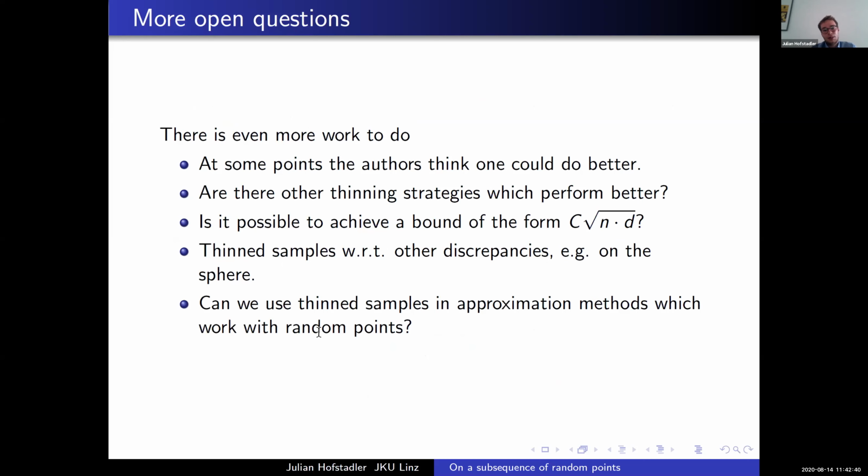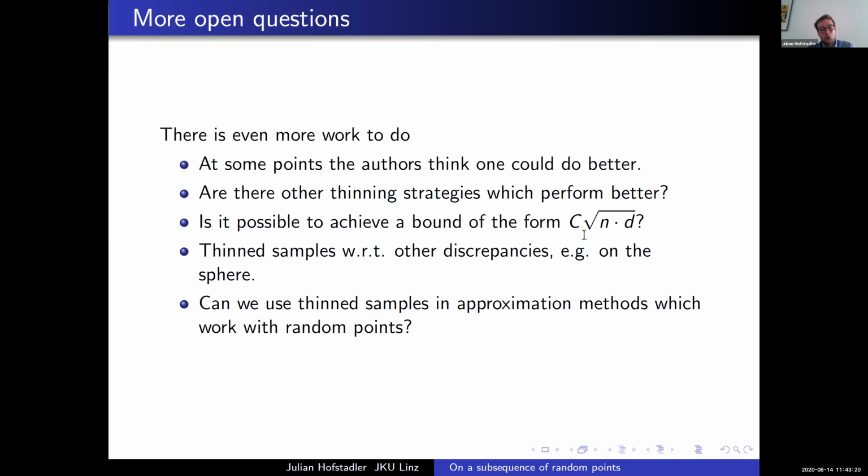Or, I mean, is it possible to get these bounds which Heinrich, Novak, Wozniakowski, and Wasilkowski did? Because they just considered IID uniformly distributed points and did not worry about clustering at all. So it could be possible that by reducing this clustering, we should be able to do at least as good as they do, right? But we don't know, or I don't know at least.